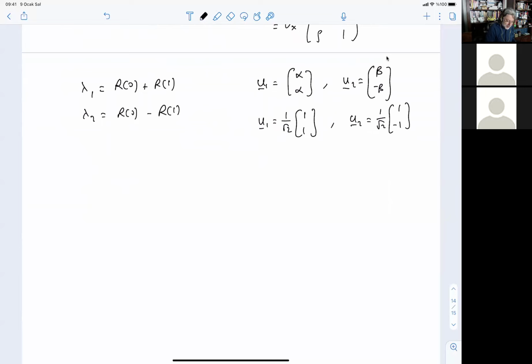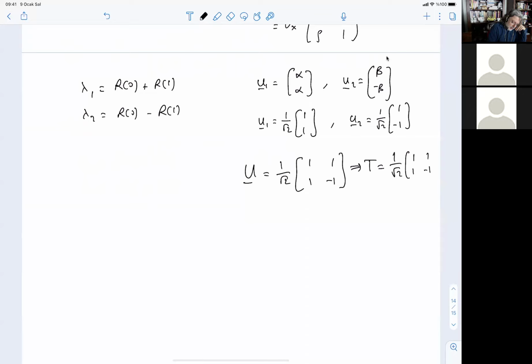So this U1 and U2 will give you a U matrix in the form of 1 over square root of 2 times (1, 1, 1, minus 1). And its inverse, by the way, which gives you the transform again, will also be the same, because the inverse of this matrix is itself. And that transformation is a very familiar transform.